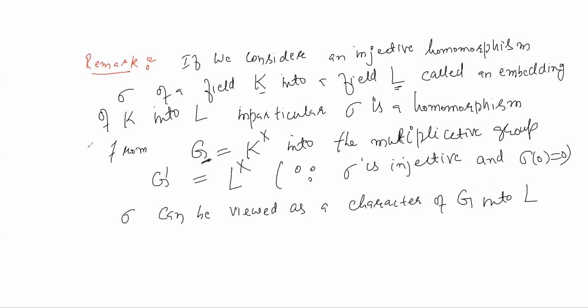So this means, if I take distinct embeddings of this type, then by the previous theorem they are linearly independent as functions on K. And in particular, because automorphisms are by definition injective homomorphisms, they are also going to be linearly independent as functions on K. So what I conclude from this remark and the previous theorem is this corollary.